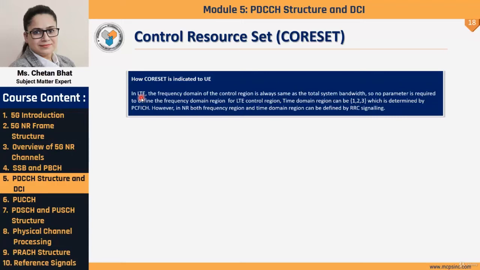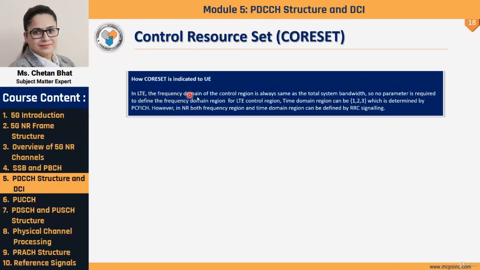For example, for 5 megahertz, the PDCCH was occupying the whole 25 PRBs in the frequency domain, and in the time domain it can be 1 symbol, 2 symbols or 3 symbols, depending upon the number of users that I want to send information to, right? But in 5G, when we talk about the PDCCH region, it is 1 RB into 1 OFDM symbol.